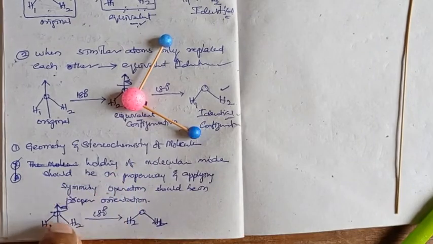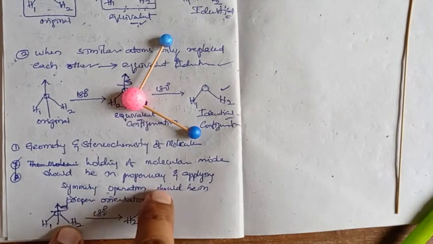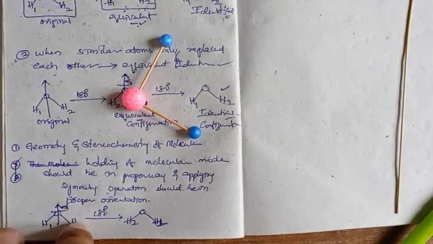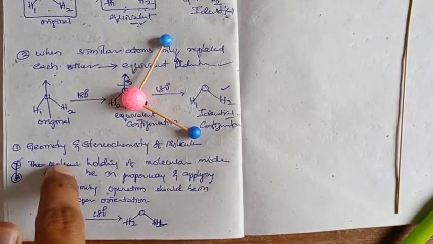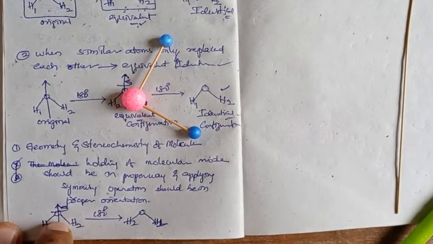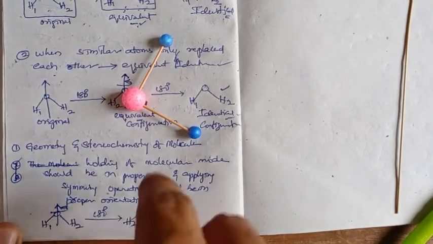But while we take a proper holding of the molecular model and a proper orientation of the rotation symmetry operation, nothing but the axis we take, in a proper way, this particular vertical axis going through the oxygen atom generates the rotation operation in the water molecule.